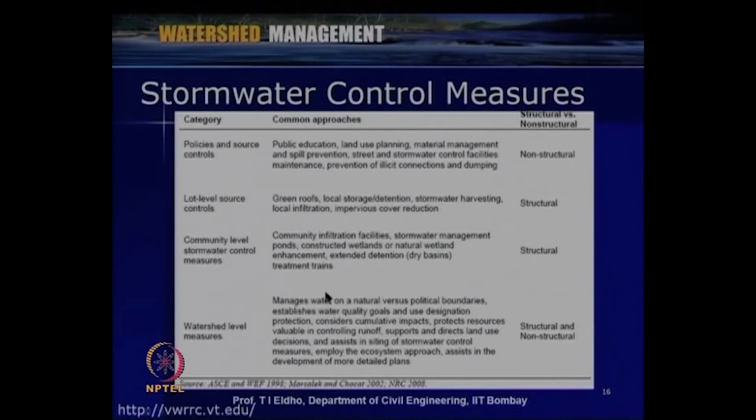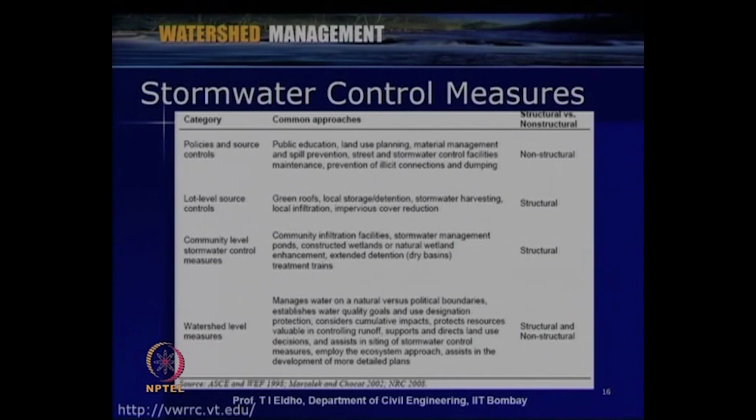So, the common approaches include managing water on natural versus political boundaries, establishing water quality goals, and protecting and considering cumulative impacts, etc. We can go for various systems depending upon what category we are looking at, or what kind of measures, whether we are going for structural measures or non-structural measures.